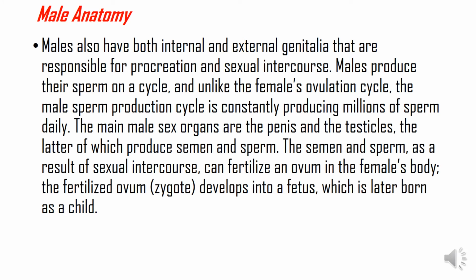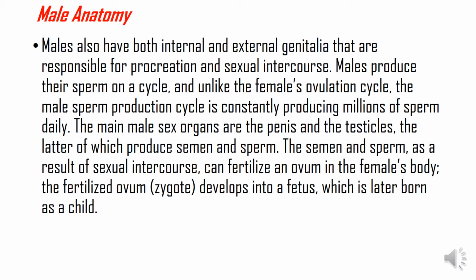For male anatomy, males also have both internal and external genitalia that are responsible for procreation and sexual intercourse. Males produce their sperm on a cycle, unlike the female's ovulation cycle. The male sperm production cycle is constantly producing millions of sperm daily.